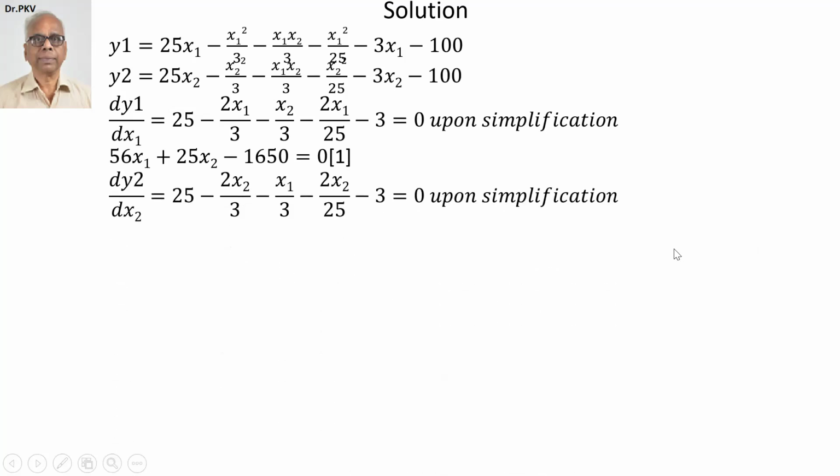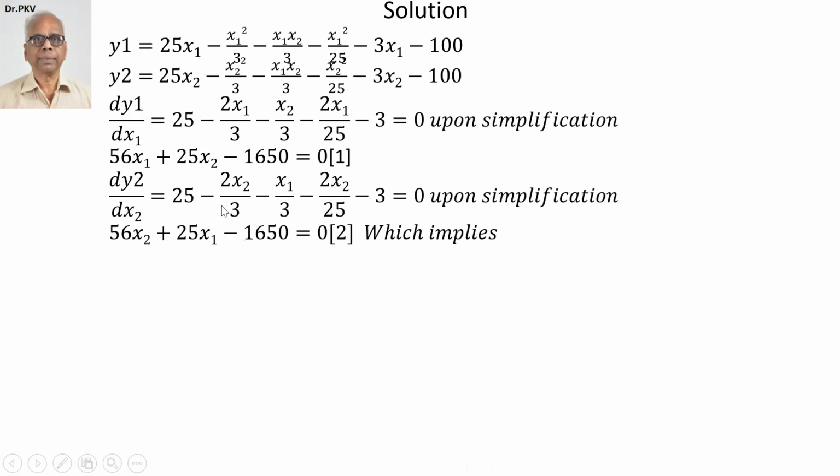Now let's do the second duopolist's maxima problem. dY2 by dX2 is equal to 25 minus 2X2 by 3 minus X1 by 3 minus 2X2 by 25 minus 3 is equal to 0. By symmetry, you can write that, and it's fairly simple.